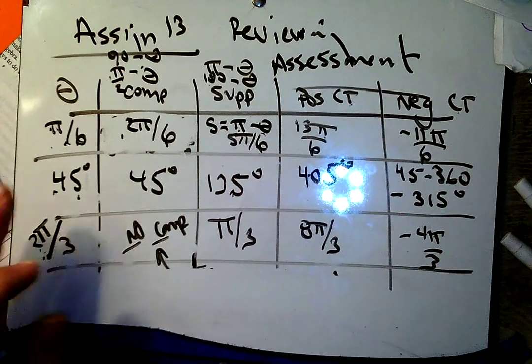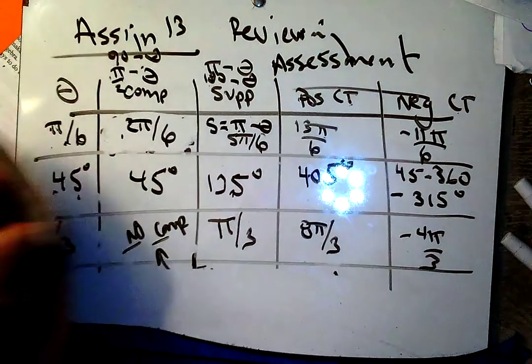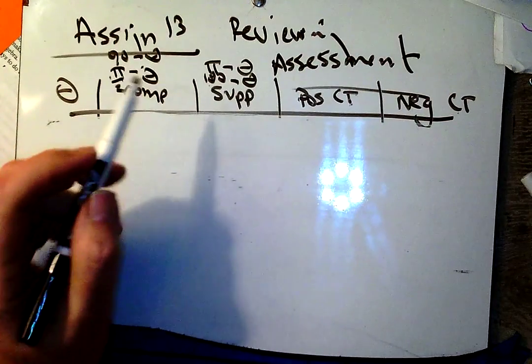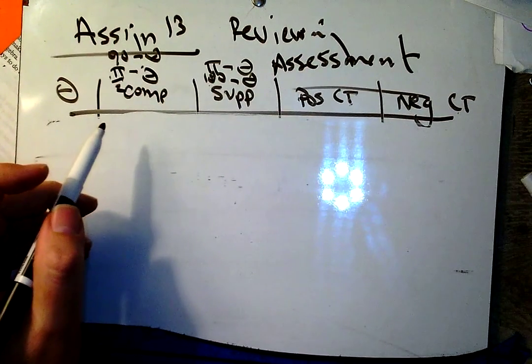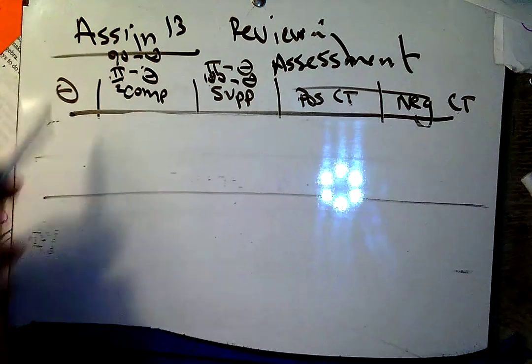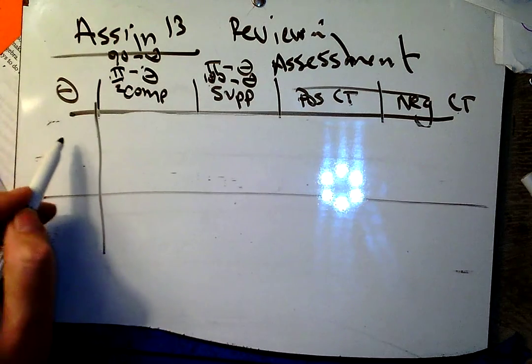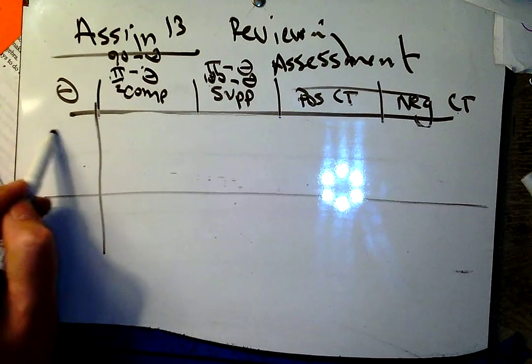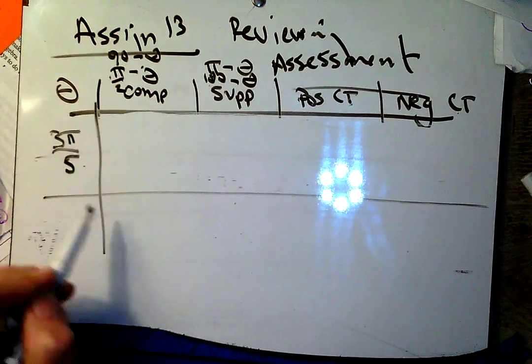I kind of want to do another one or two. So let's erase this part. Yeah, how about this? How about 3 pi over 5?